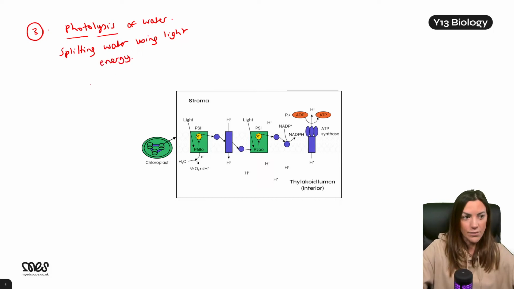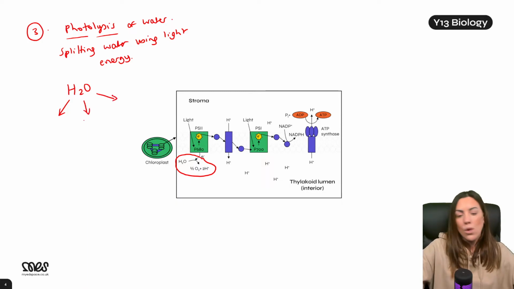Okay, so here's my water, and you can see it down here on the diagram. This is where photolysis is taking place. So light energy is going to split water. Now, if we split water using light energy, we're going to get 3 products.